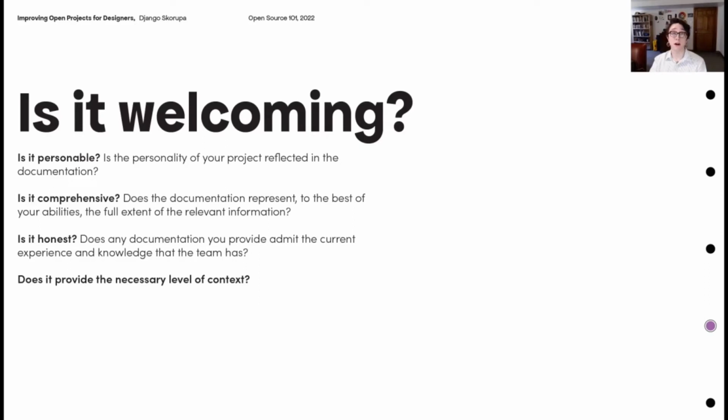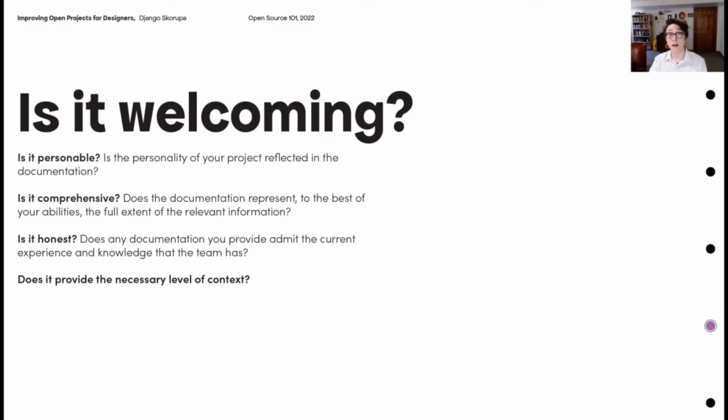By practicing honesty in our content and honesty in our information communication, we can attract people who are comfortable with that level of comprehension. And to do that, we need to provide the necessary level of context. By providing the proper level of context and the proper level of communication across all of this, we can provide a comprehensive presentation of the scope of the project to outsiders who are looking to join on the project.